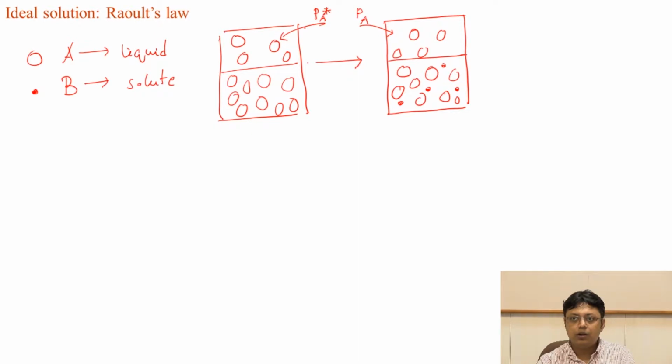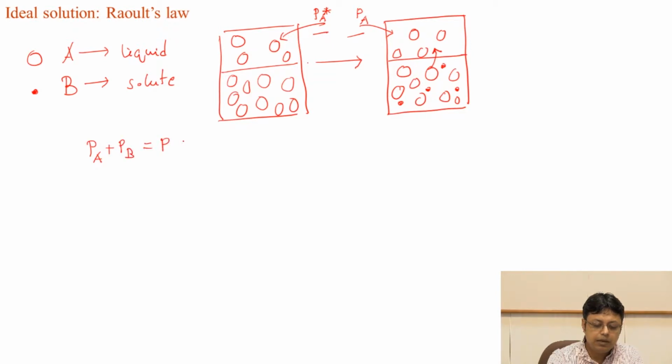Now why are we making that approximation? The reason being, when the solute is present, the evaporation of the solvent molecules into the vapor phase will be a little bit suppressed. So definitely PA star and PA will be different. However, the total pressure expression, PA plus PB, which is P, that we approximated as PA star, is not a very bad approximation.